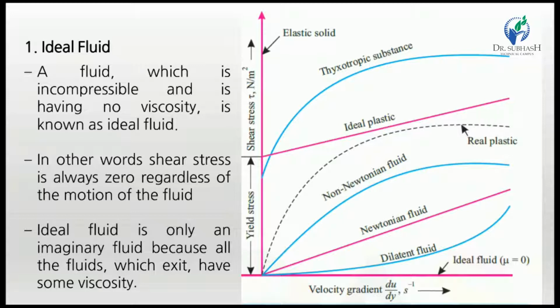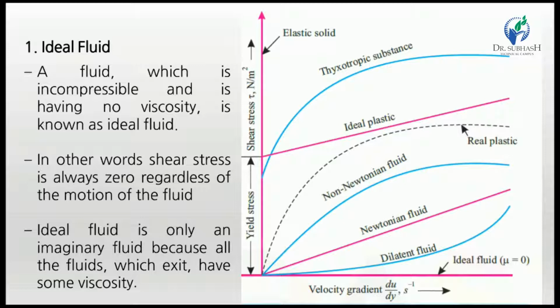But in actuality, all fluids have some kind of viscosity. So in reality, it is not possible for a fluid to have zero stress or no viscosity. So it is an imaginary fluid. In reality it does not exist.